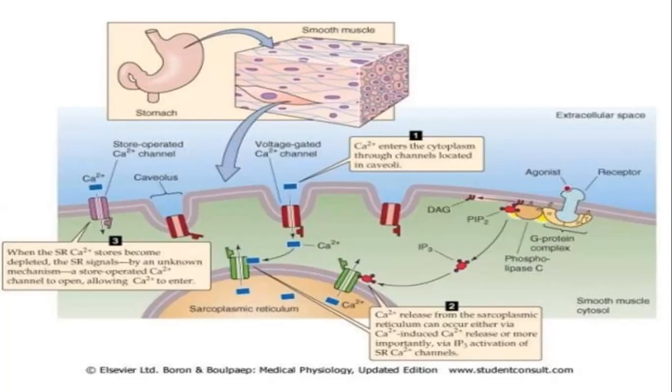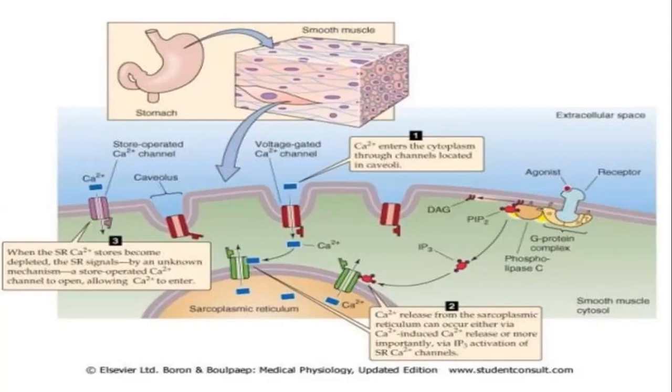This myosin head has to be phosphorylated for activation of myosin ATPase. Phosphorylation and dephosphorylation of myosin also occurs in skeletal muscle, but phosphorylation is not necessary for activation of ATPase in the skeletal and the cardiac muscles. So this is the basic difference.